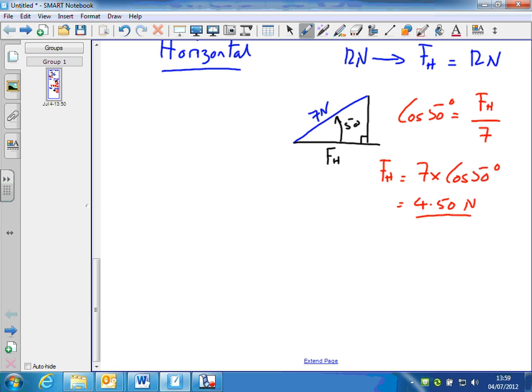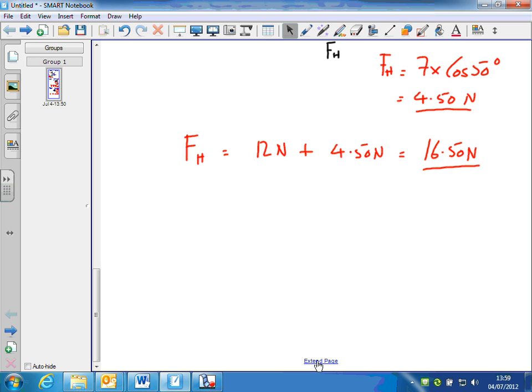So now the total horizontal component is going to equal 12 newtons plus 4.50 newtons, which equals 16.50 newtons.